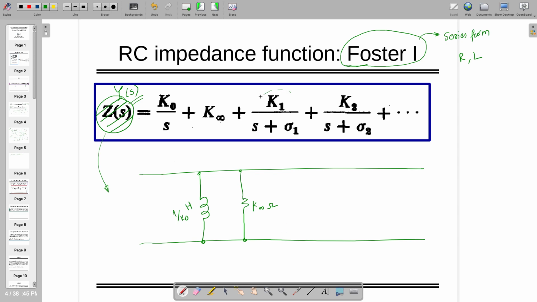So what is happening here? We can keep this one side. Y1 of S equal to K1 divided by S plus sigma 1. So that is equal to 1 by S by K1 plus sigma 1 by K1.